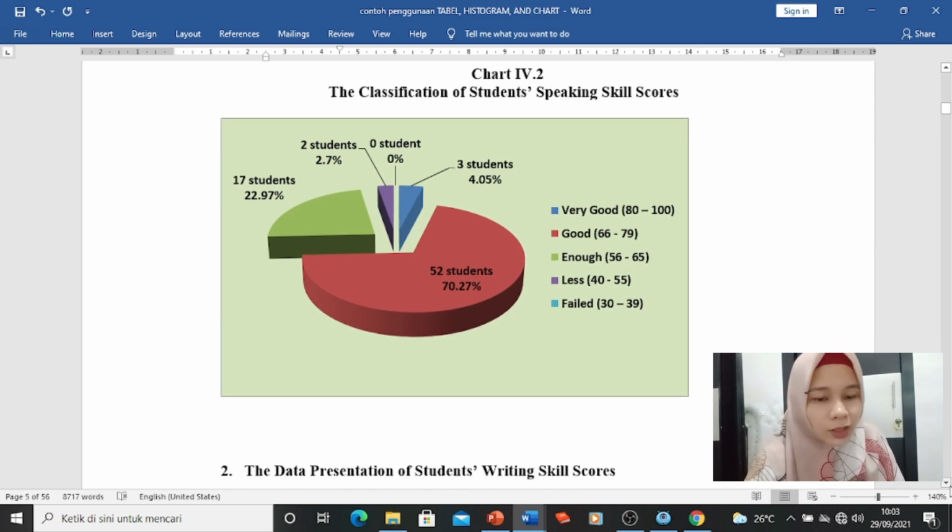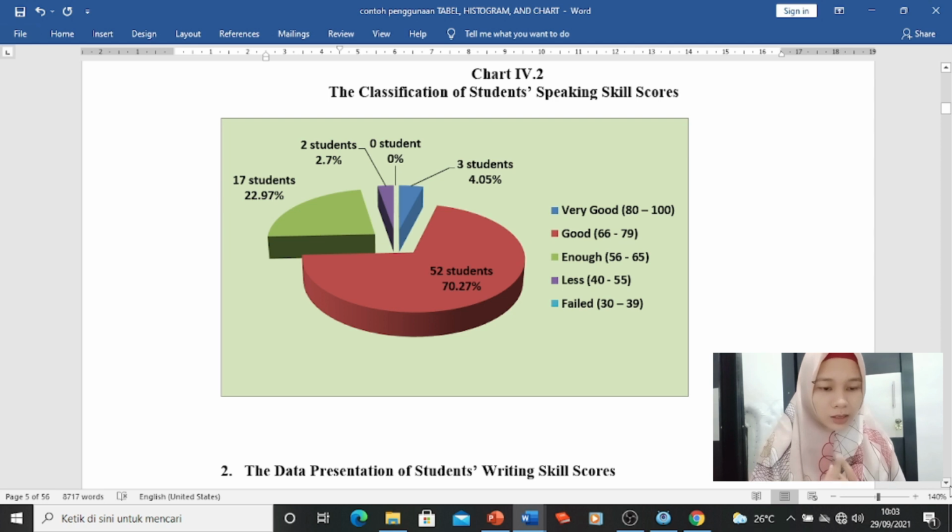I think this is much more informative and very easy to read, very easy to be understood by our listeners or even our readers, because in this circle there are slices or pieces of the chart, like a cake, right? So the biggest portion of the slice takes 70.25%, and there are 52 students for this.